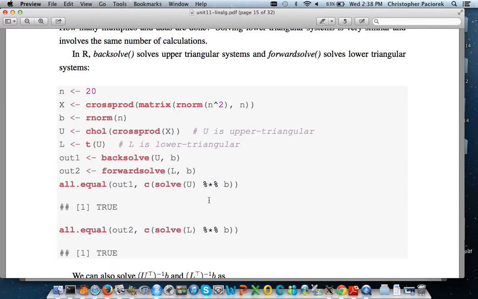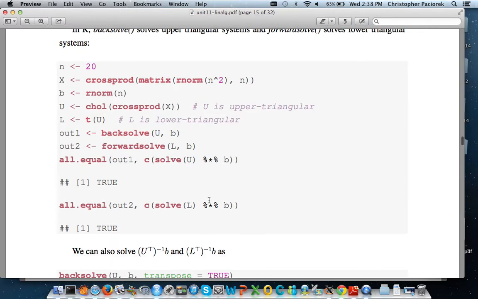So if we were to do this in R, I'm just creating an X here that is full rank and invertible. And just for the sake of this illustration, I'm creating an upper triangular matrix U and a lower triangular matrix L, but you can ignore where they come from.